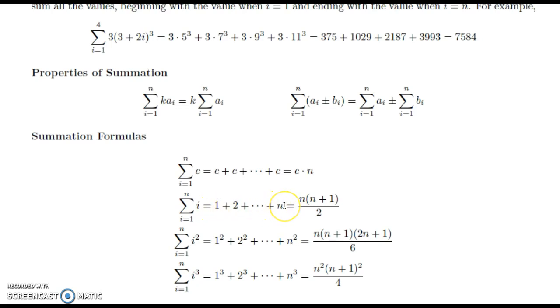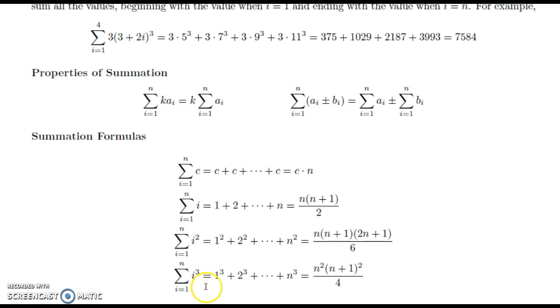This is an arithmetic sequence, and when you add up an arithmetic sequence, it is n, the number of terms, times the last term plus the first term over 2, so n times (n plus 1) over 2. And if you're summing up i squared, so 1 squared plus 2 squared all the way to n squared, this is a formula: the sum equals n times (n plus 1) times (2n plus 1) all over 6.